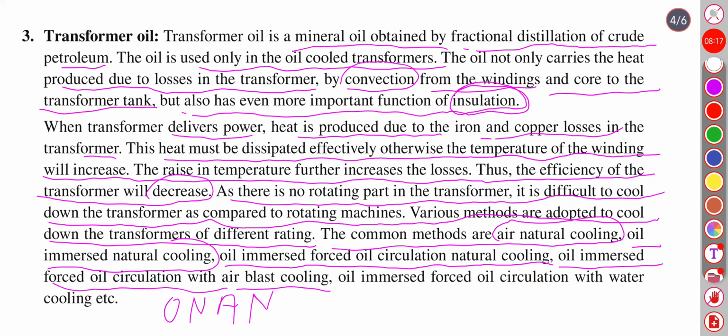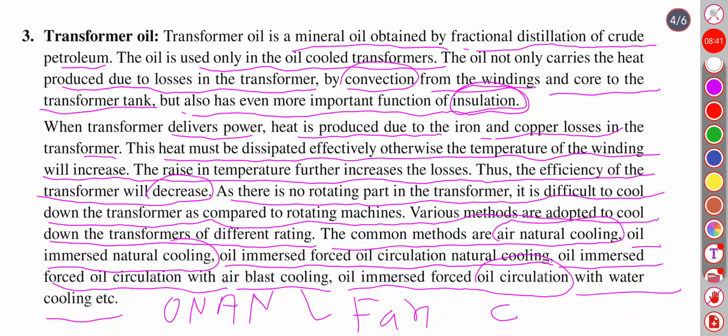Along with the pump, fans are also being provided. And oil immersed forced oil circulation with water cooling means the radiator fins are being cooled by heat exchanger, in which water is flowed through pumps.